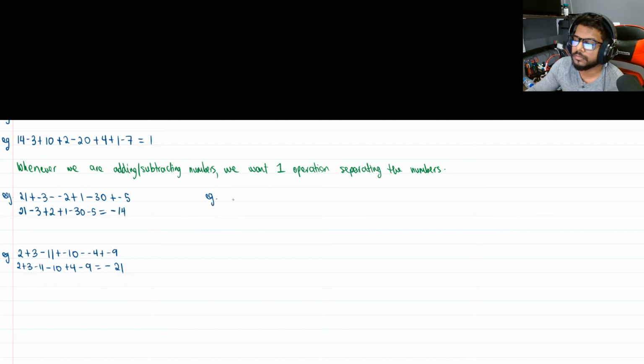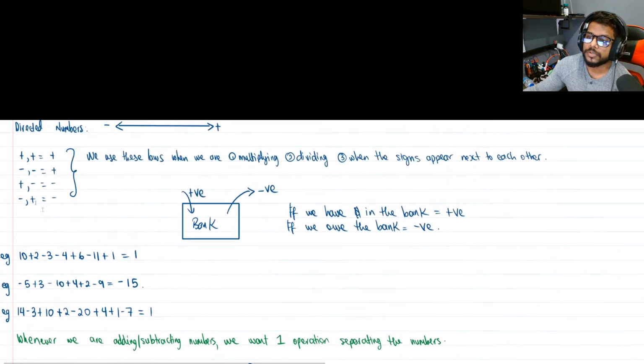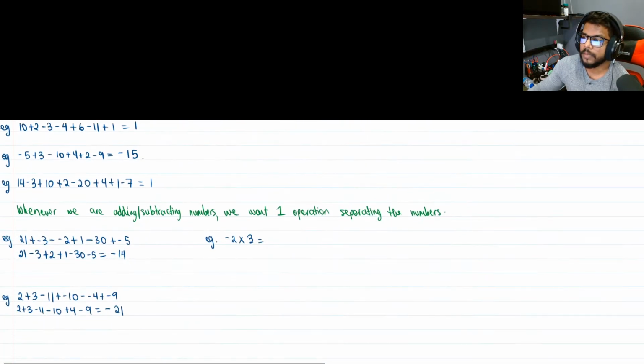Now, multiplication and division. Minus 2 multiplied by 3. I'm going to use the laws. I'm multiplying two numbers and the signs are different, because this is actually a positive 3 here. A minus and a plus is a minus, so minus 6. Minus 4 multiplied by minus 5.